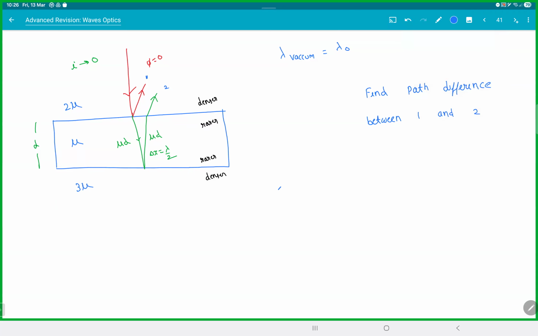So the path difference between the red one and the green one: for the green one, it will be mu d because you're traveling in the slab, lambda by 2 because of reflection, plus mu d, you're traveling in the slab, right? And minus 0 that time. So yeah, done. And that's your path difference. Again, remember this is in vacuum.